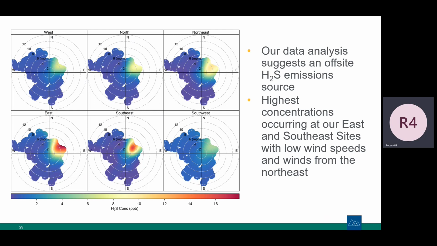And so what this shows is for each measurement that we took at each of our 6 sites for H2S, the wind direction, the wind speed signified by how far that dot is from the center, and concentration signified by color. All of our sites were reporting elevated concentrations with winds from the northeast, but it was more pronounced at our sites on the east side of the refinery.